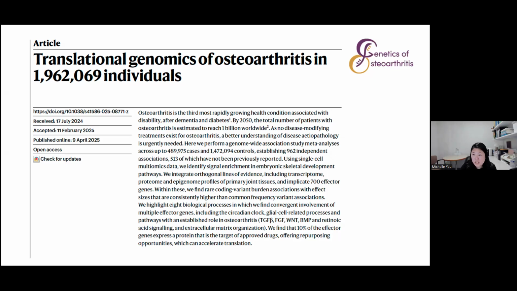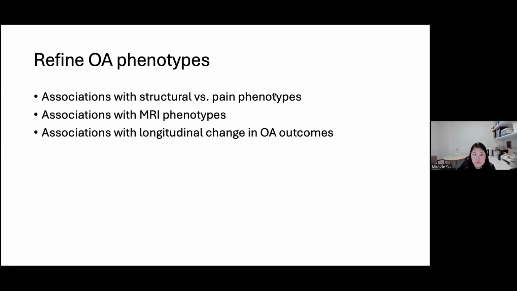And so what's really, really exciting about this effort is that even though we were a teeny tiny piece of it, I think because of the depth of phenotyping that is available in the OAI, it gives you the opportunity to be able to look at these variants identified in this large GWAS in more detail.